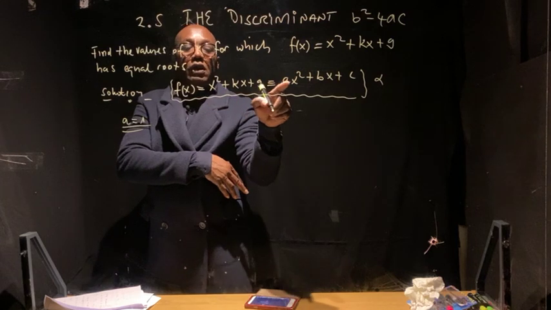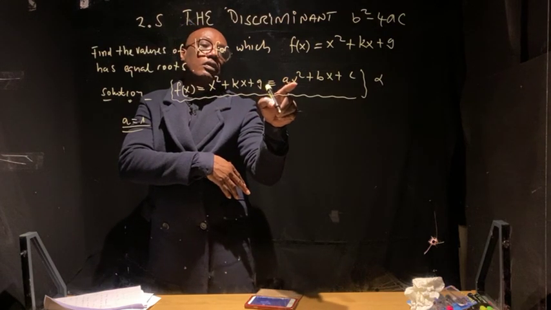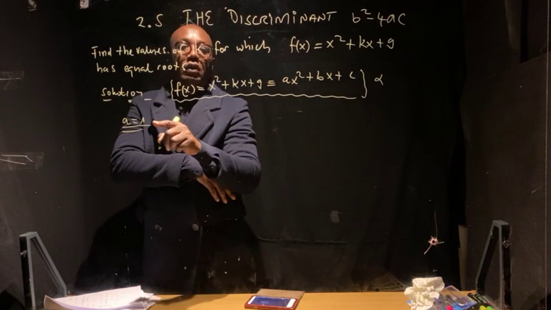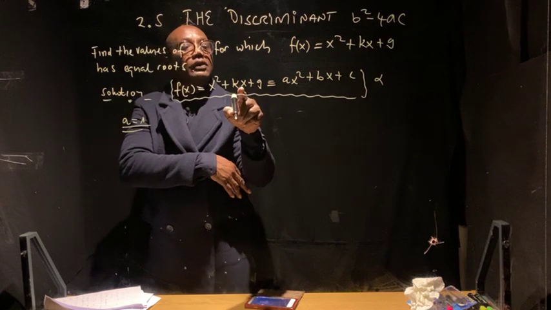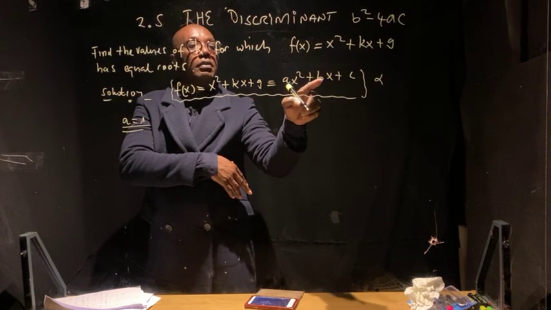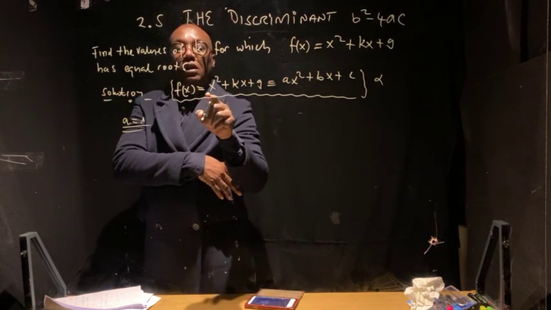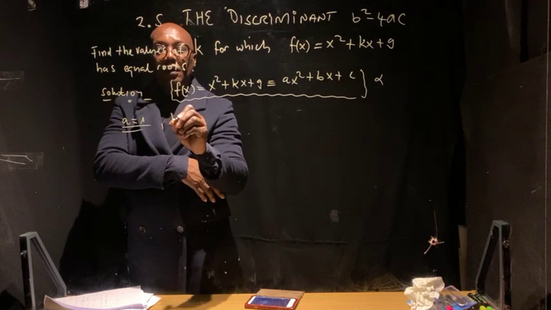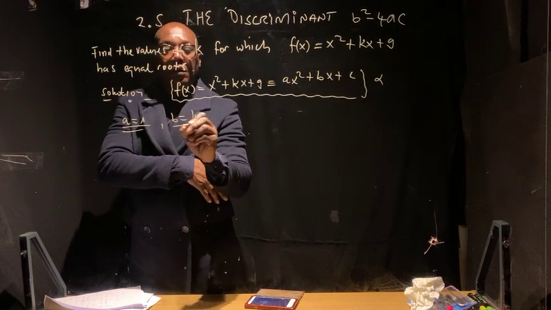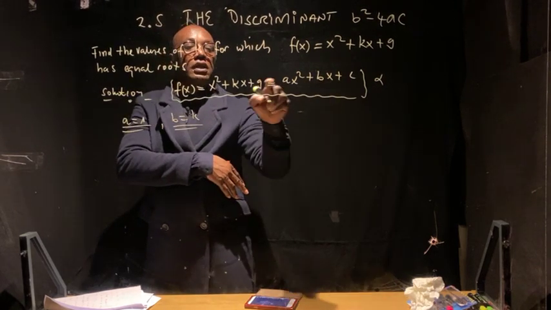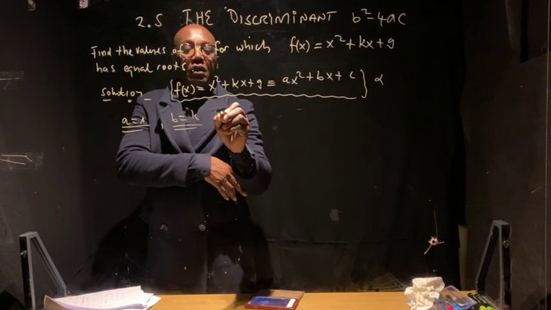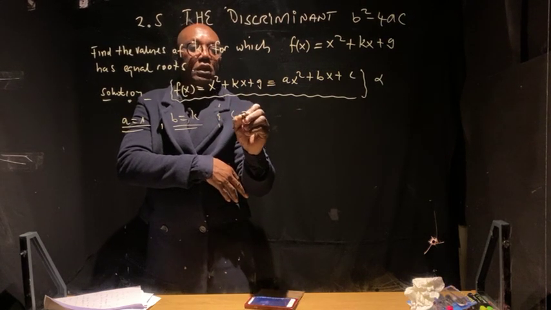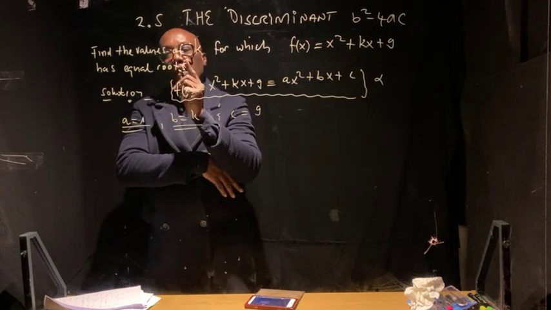Comparing the coefficient of x, b is equal to k. Comparing constants, c equal 9.